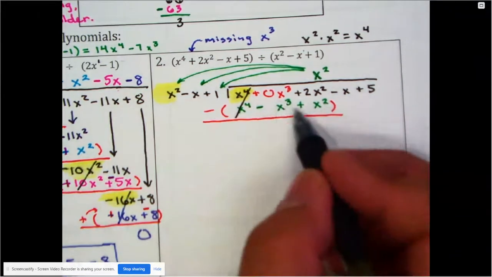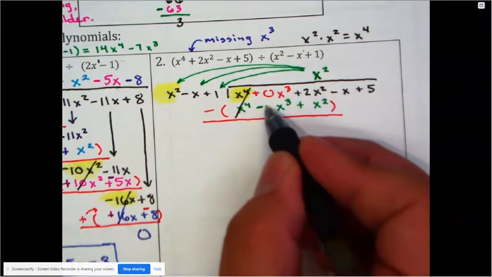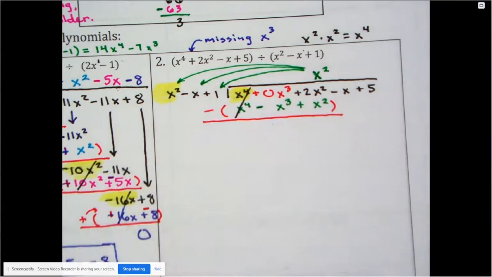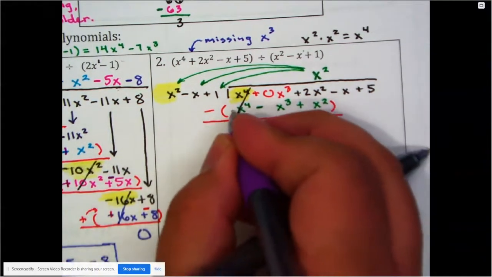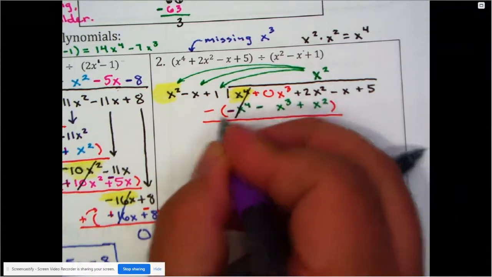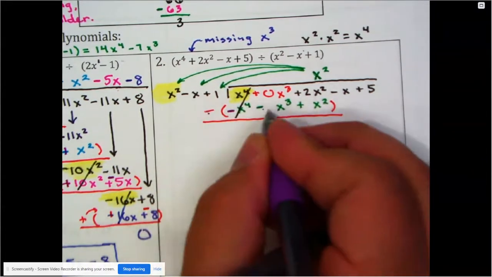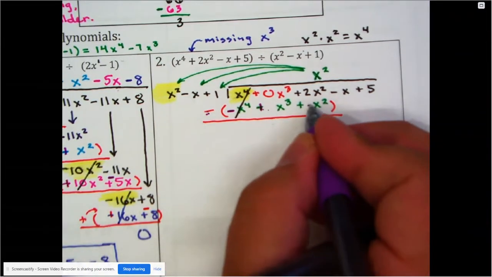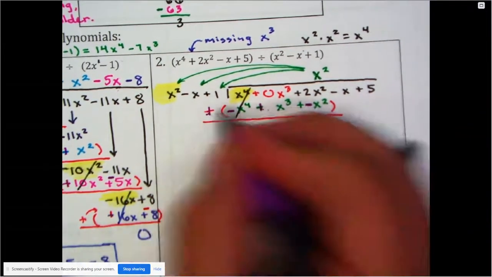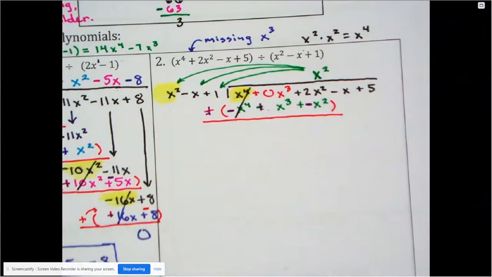The mistake people will make is they go, oh, 0 and negative 1 is negative 1. That's why you have to remember you have to distribute that negative. That was a negative. That's why I canceled. Negative times negative, positive. Negative times positive, now it becomes a negative. Distribute that minus to avoid mistakes.